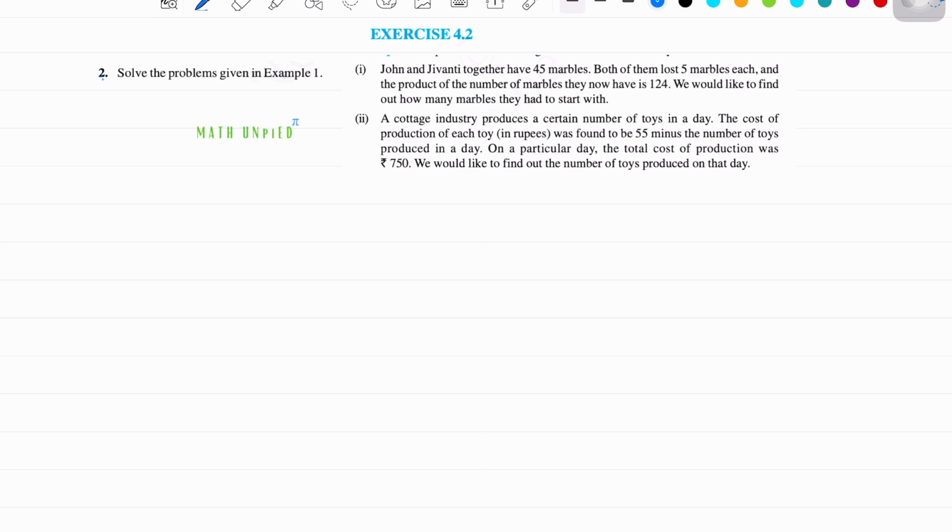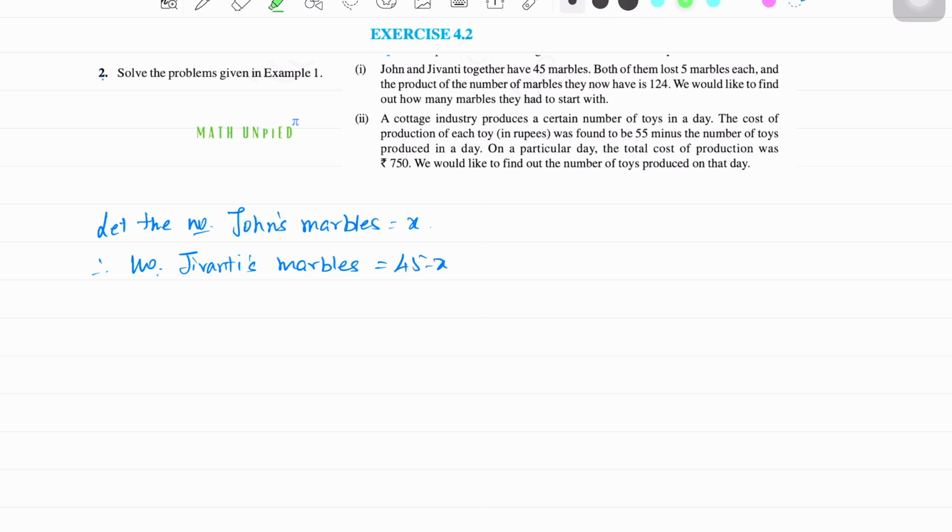So we can start like this. Let the number of John's marbles equal x, therefore the number of Jivanti's marbles equals 45 minus x, because together they had 45 marbles.